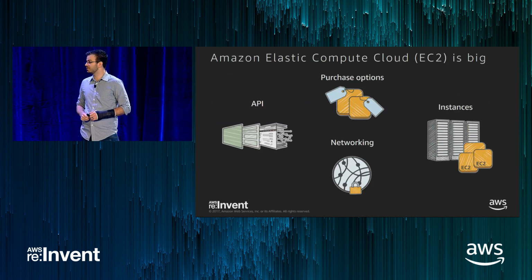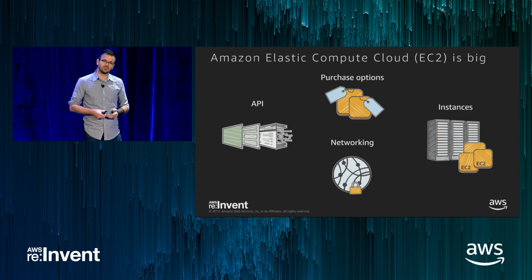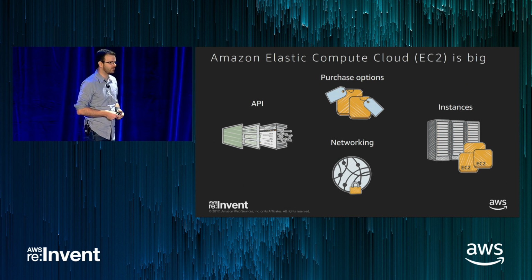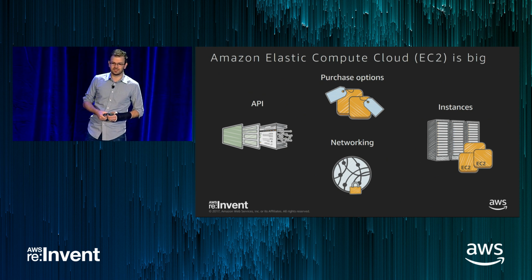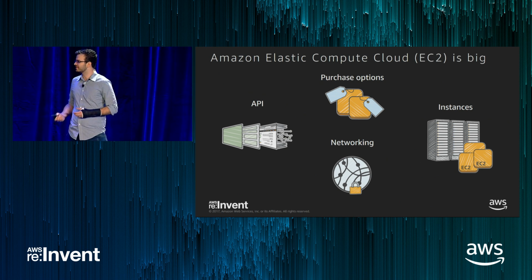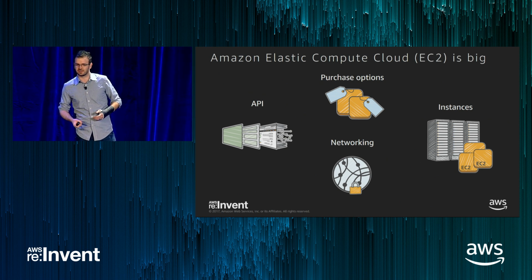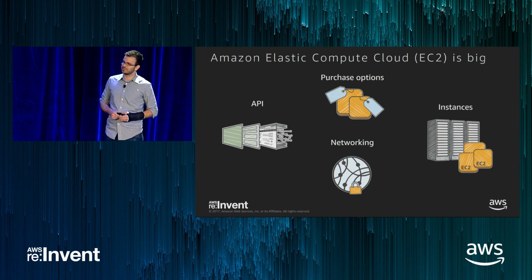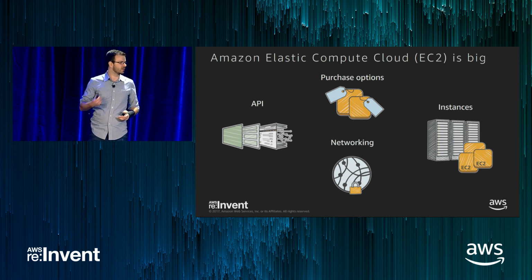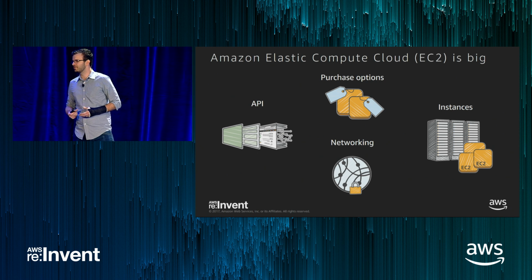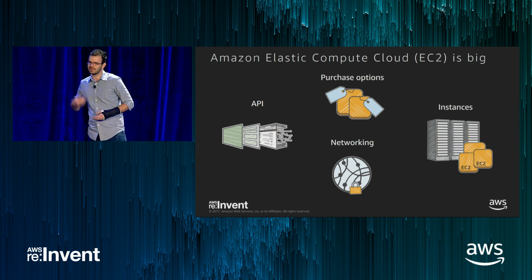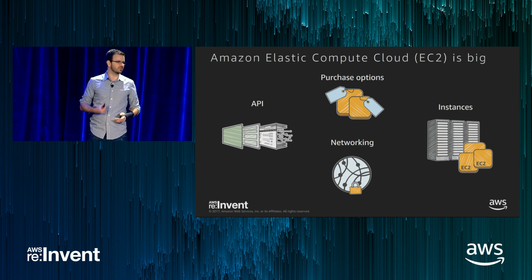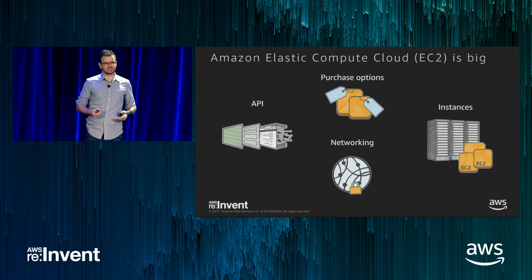Now, EC2 is a really big subject, and when you talk about EC2, you can talk about a lot of different things. You can talk about the APIs and SDKs that make managing it easier. You can talk about the different purchase options like spot or reserved or on-demand. And you can even talk about the networking, Direct Connect, and VPC configurations that you go to when you actually go to use your instances.